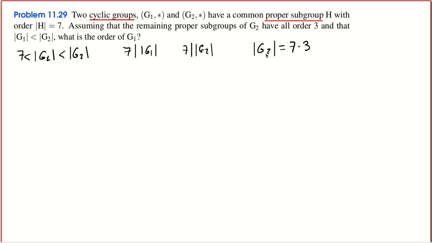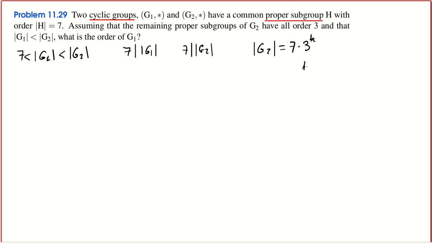Suppose that the divisor is 3 to the k. Obviously there are no other divisors than 7 and 3 because the only proper subgroups have order 3 and order 7. And because they are cyclic groups, we know that for every divisor of the order of the group, there is a subgroup. So this is a very important piece of information.